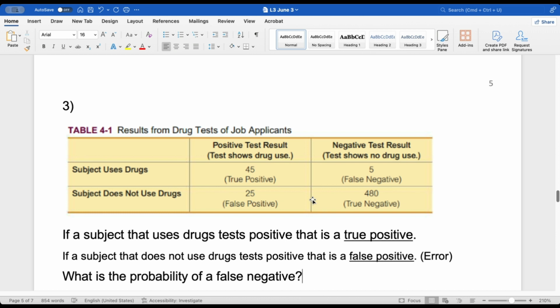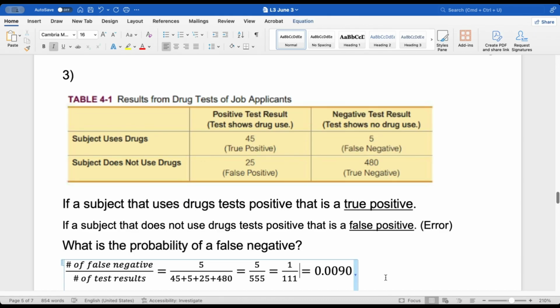So if we want to find the probability of a false negative here, we want to take the number of false negatives, which is 5, and divide that by the grand total, which we'll have to add up. In this particular situation, we're using a relative frequency approach based on the results from this test. The number of false negatives that occurred was 5.